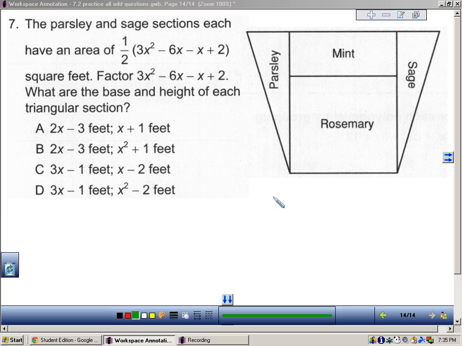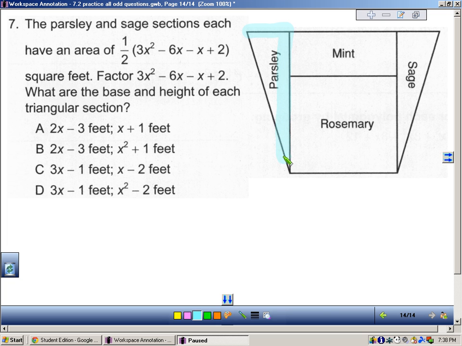Okay, so we can do this. I just want to make sure that you understand what the question is asking. The parsley and sage sections each have an area of 1/2 the quantity 3x squared minus 6x minus x plus 2. So this section has that given area, and so does the sage.